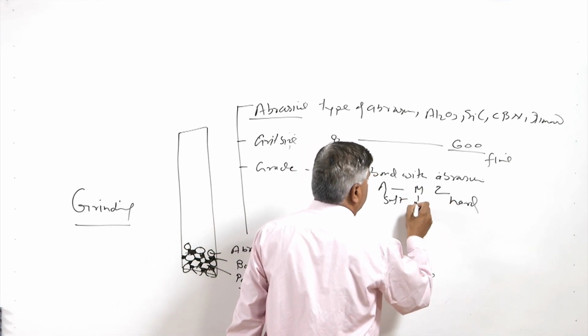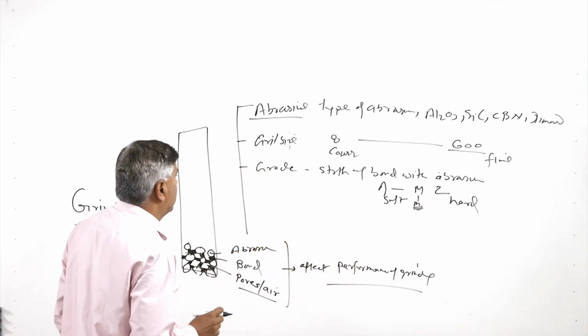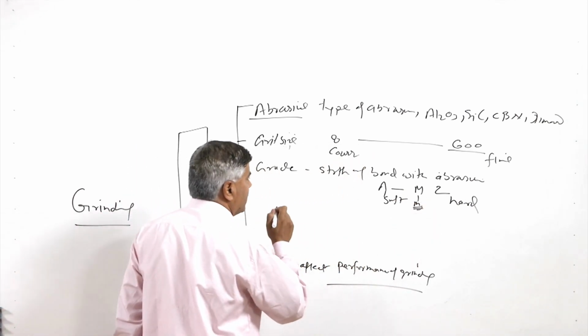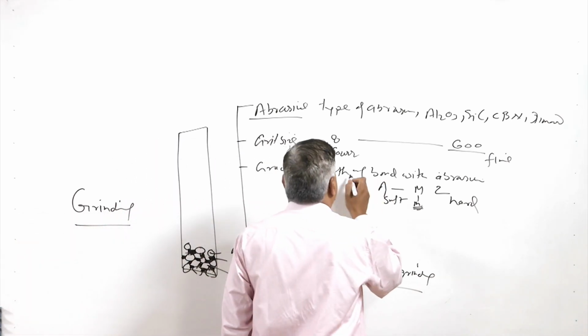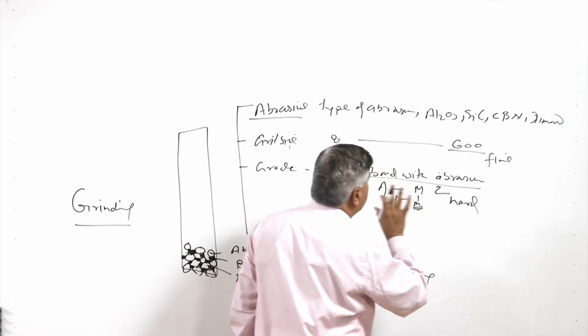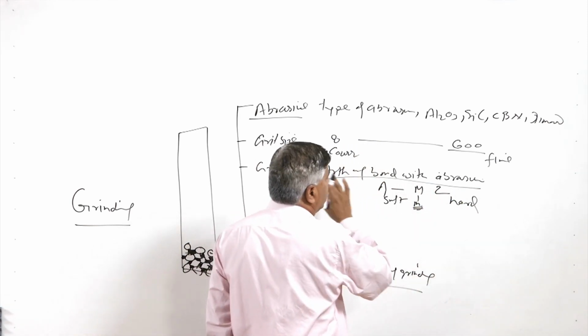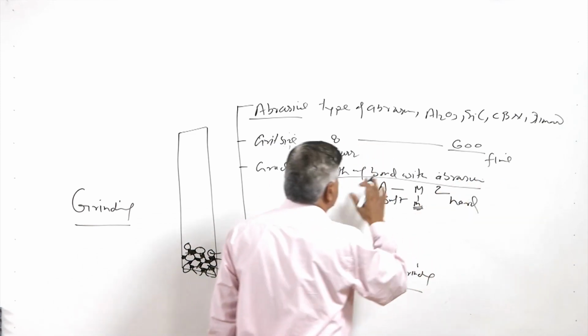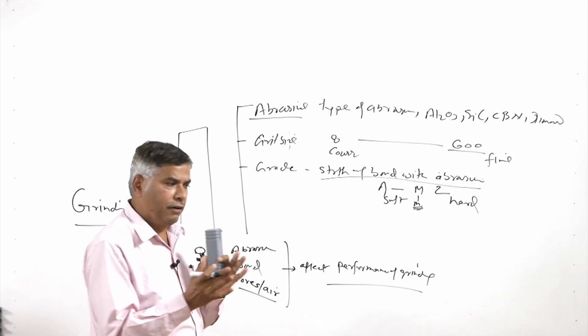M stands for medium hardness of the bond with the abrasive.